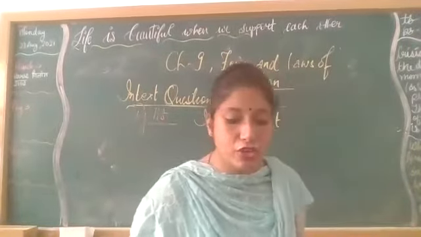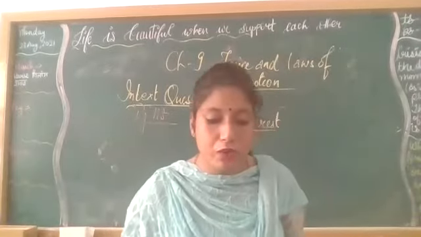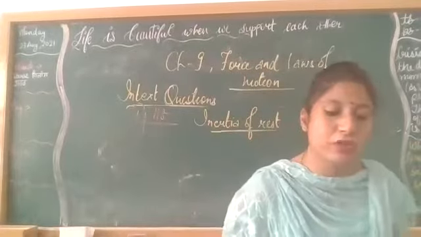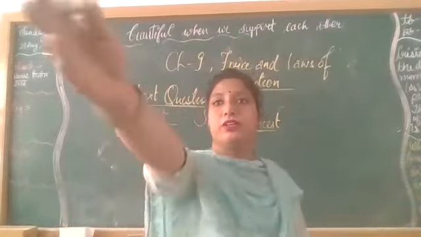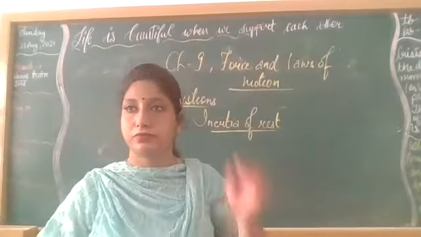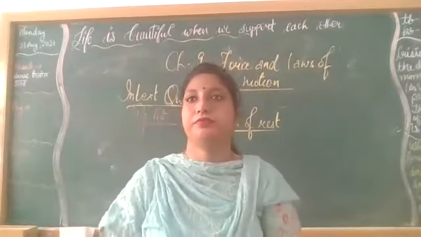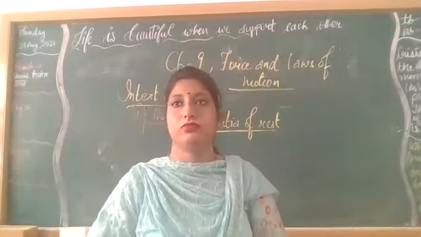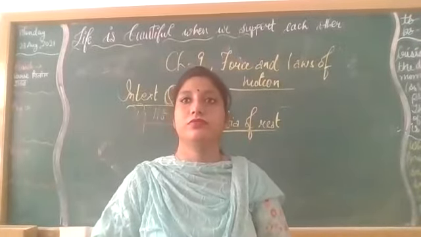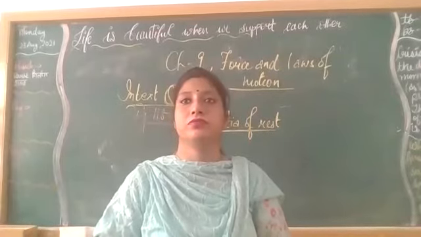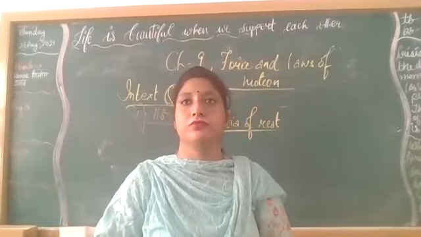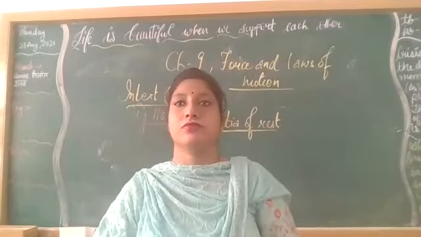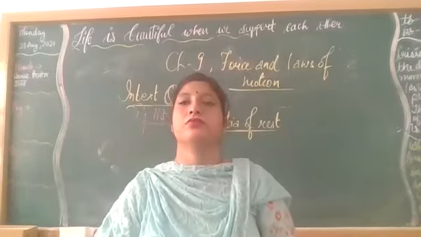Next question is, why do you fall in the forward direction when a moving bus brakes to stop or fall backwards when it accelerates from rest? We fall in the forward direction when the bus stops, and backwards when it accelerates from rest, because when we are in the bus we are in motion, and we tend to remain moving, but suddenly we fall.